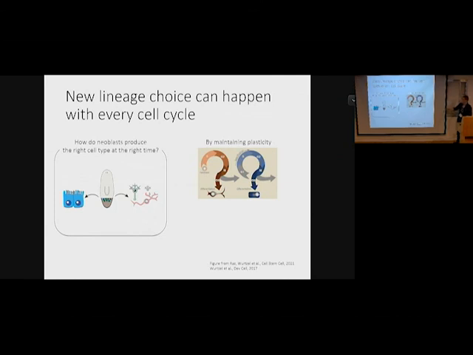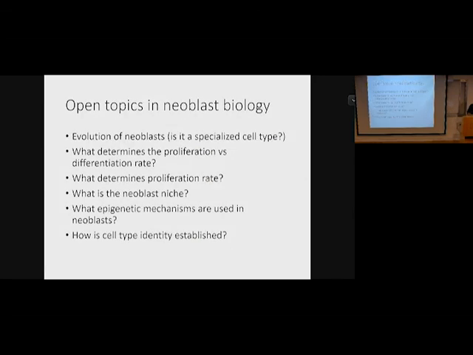So here a neoblast forms one type of cell, then when it goes back following mitosis to G1, it can form a different type of cell. The animal has this amazing plasticity in its body, because once the animal is amputated, the cells sense a different signaling environment, and now they have the opportunity to differentiate to form a different kind of lineage.